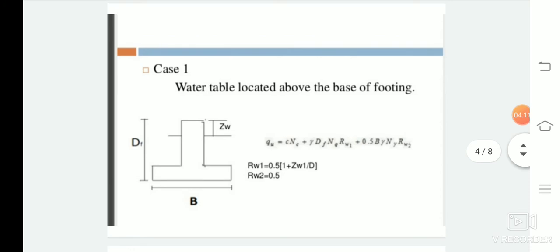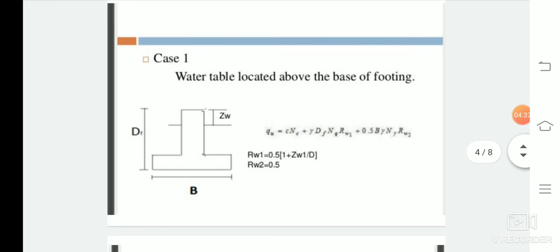Reduction factor 1 will be given by 0.5 multiplied by (1 plus Zw1 divided by Df), where Zw1 or Zw is the depth of the water table, and Rw2 will be equal to 0.5. Hence the equation of the bearing capacity becomes Qu equals cNc plus gamma Df Nq Rw1 plus 0.5 gamma B N gamma Rw2.